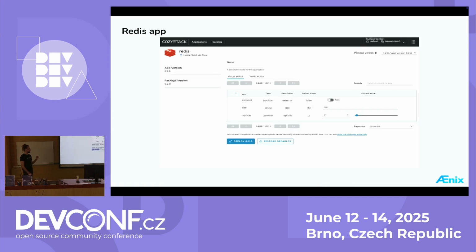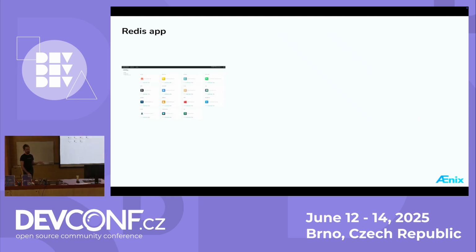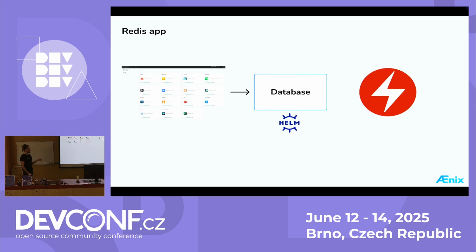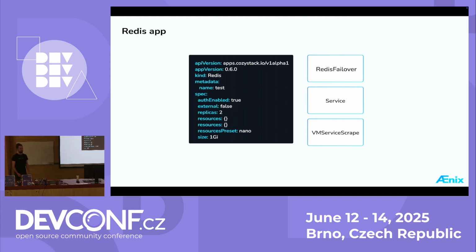And every time you deploy a database, you can actually create, let's say, a Redis object. It will create the needed resources, and then the operator will manage it. In case of Redis, it will create a Redis failover for the spotahome Redis operator, also a service for exposing it externally, and an additional service for scraping metrics from this Redis.